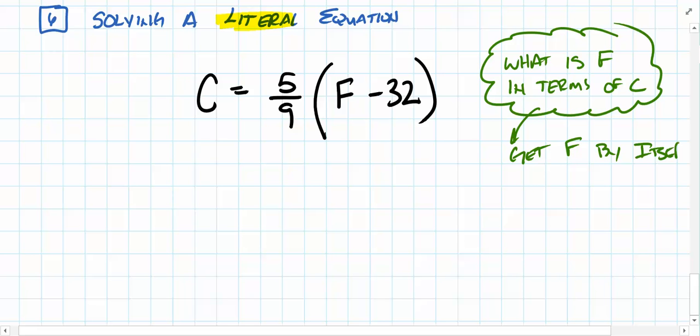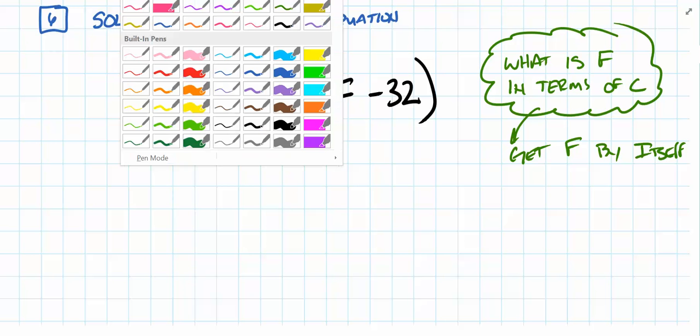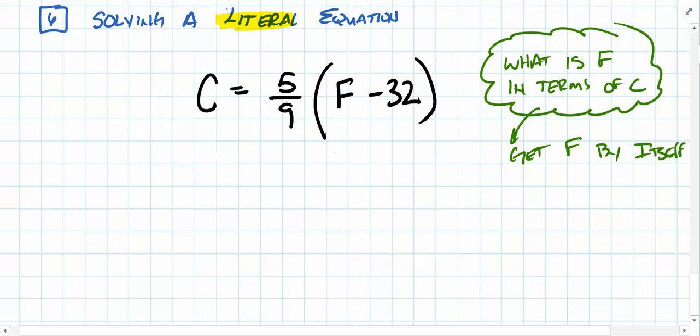All right, so here's what I'd like you to do. Right now, you and a partner, in your notes, try and get F by itself. Ready, set, go. Jake's going to show us what he did to get F in terms of C. What'd you do, buddy? So you divide the entire right side by 5 over 9. And what property allows you to do that? Yeah, the whole thing. So both sides by 5 over 9.